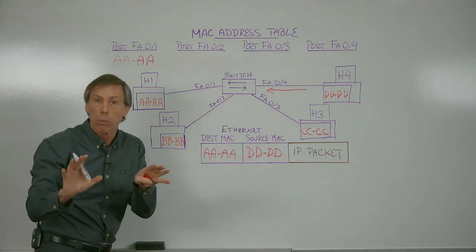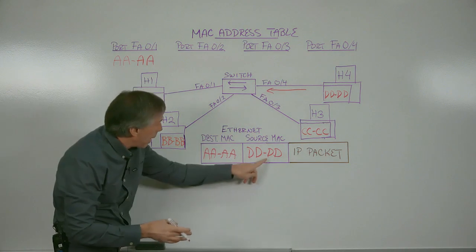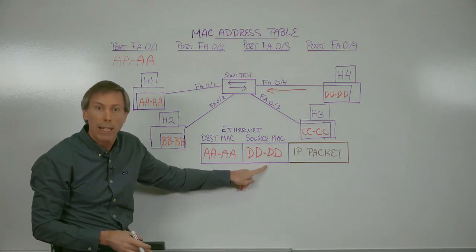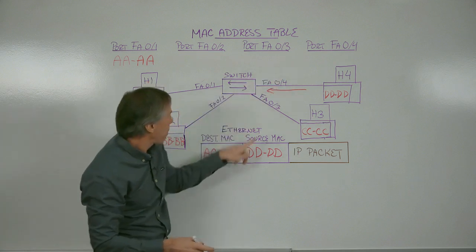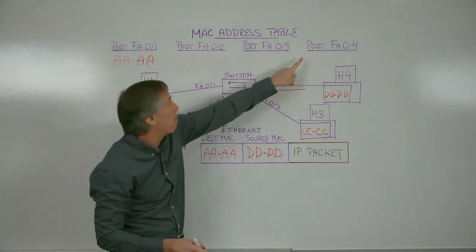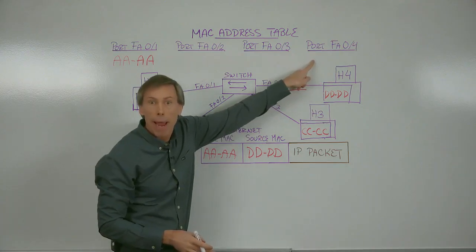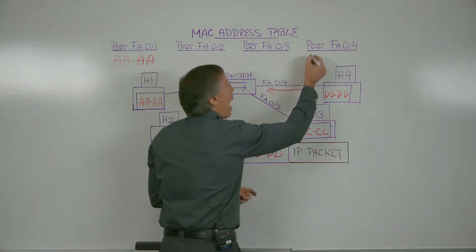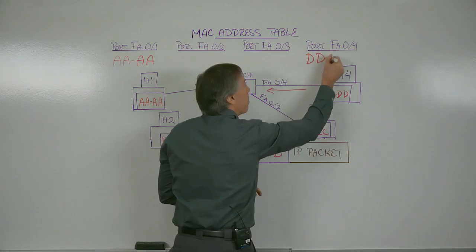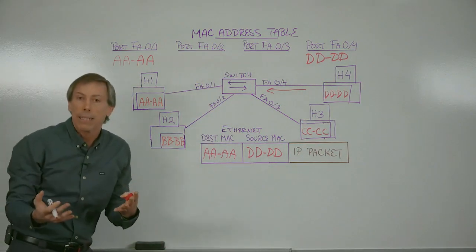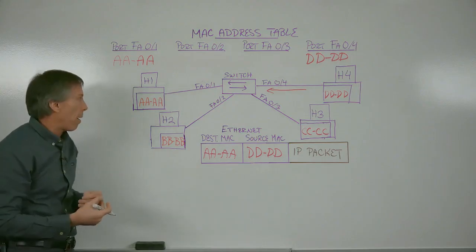Remember, the first thing a switch does, it wants to learn. It examines the source MAC address and says, have I learned anything new? It says, I've received this source MAC address on my port Fast Ethernet 04. It's not in my MAC address table. So it adds the MAC address. Next, it says, I need to forward the frame.